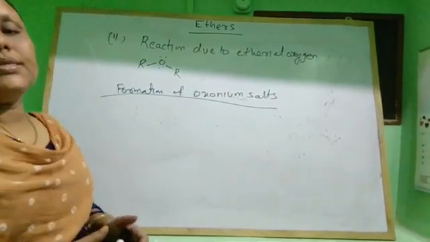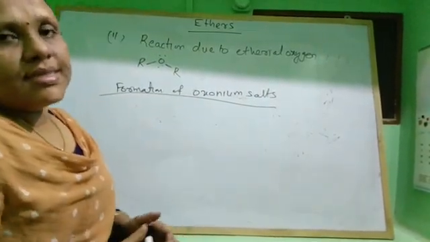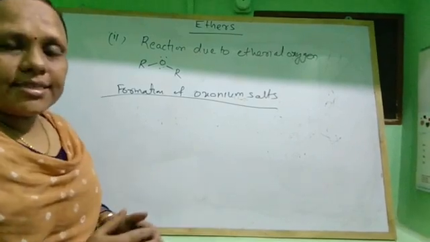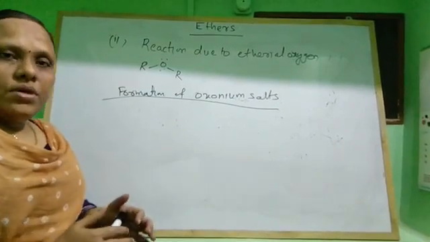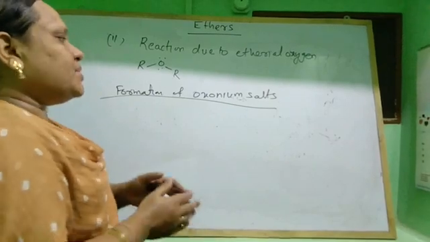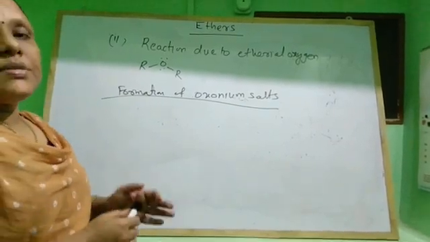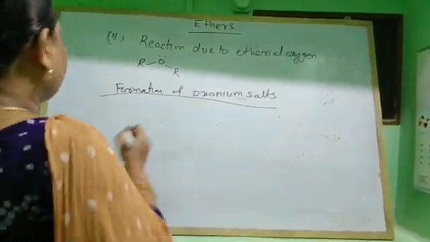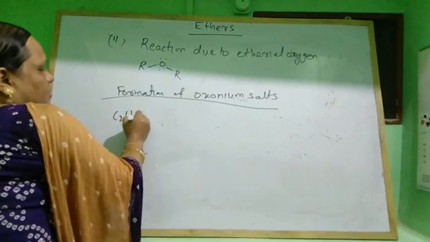Ether reacts with concentrated hydrochloric acid and concentrated sulfuric acid at low temperature to form the corresponding oxonium salt. Look at the equation.